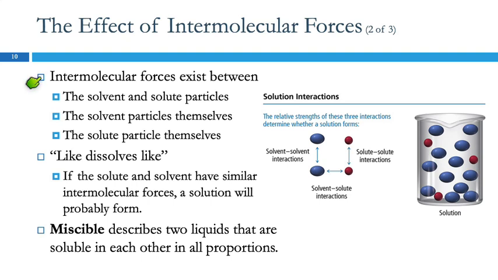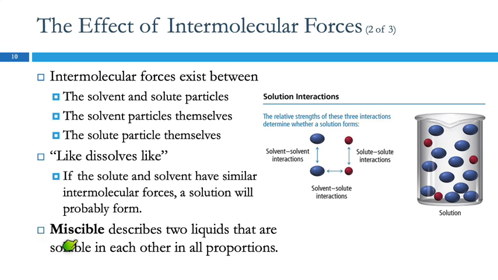So those intermolecular forces are present between solvent and solute particles, but they're also present between the solvent particles themselves and between the solute particles, right? So we learned this phrase in the last chapter, like dissolves like, which says that if the solute and solvent have similar intermolecular forces, then a solution is more likely to form.